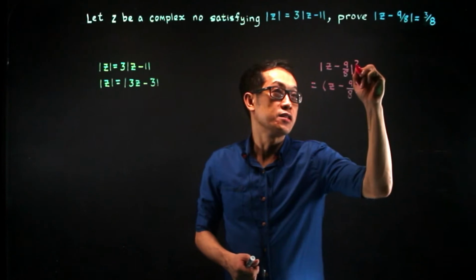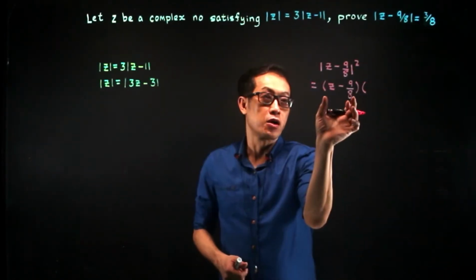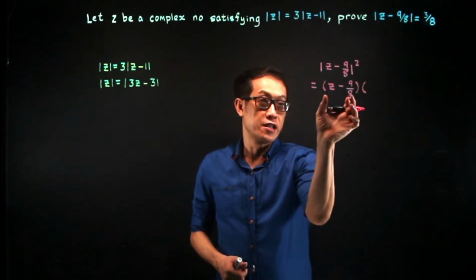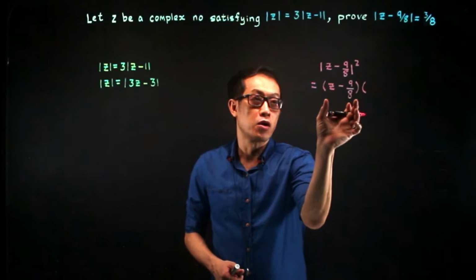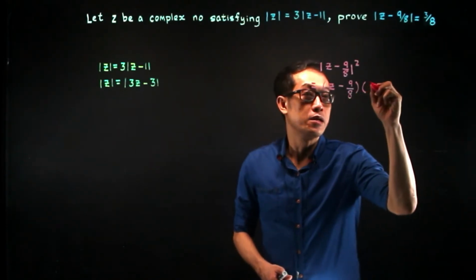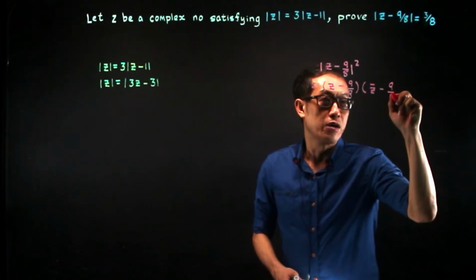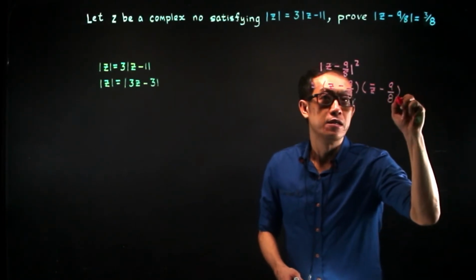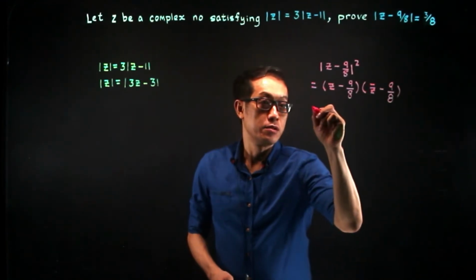I square this, and the square will be equals to this times the conjugate of this. But what is the conjugate of this? That will be the conjugate of Z minus 9 over 8. Maybe I just multiply them out.